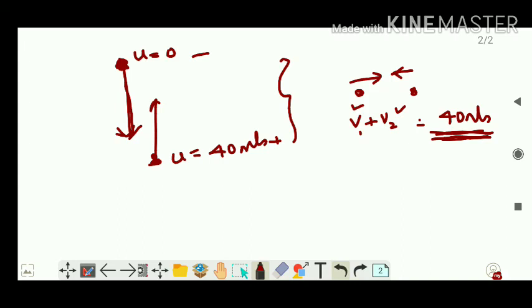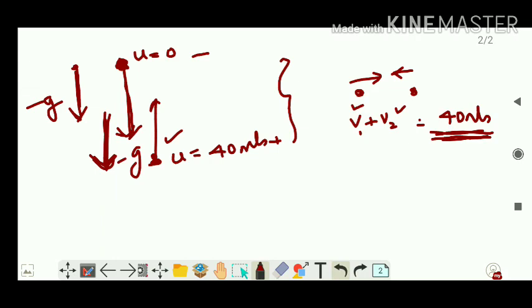What is the relative acceleration between these two? The first ball which is dropped has acceleration downwards, so minus g. The second ball is moving in the up direction, but its acceleration is also downward. The second ball has downward acceleration, and the first ball also has downward acceleration.